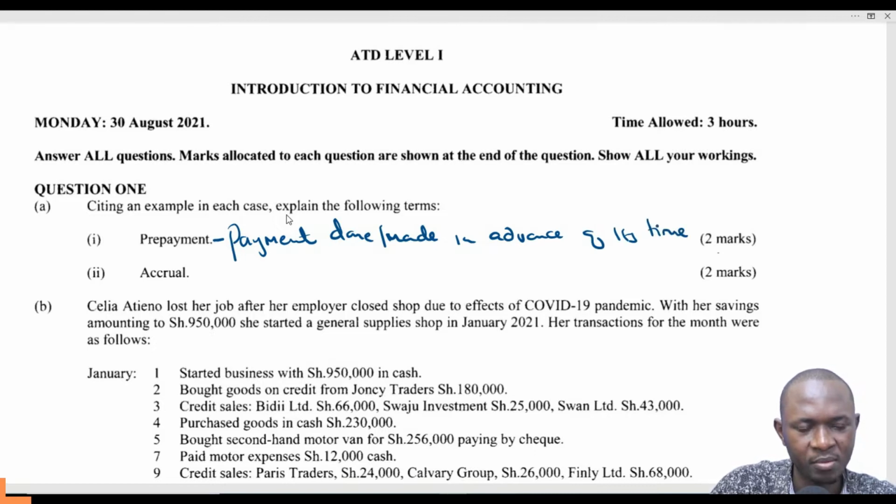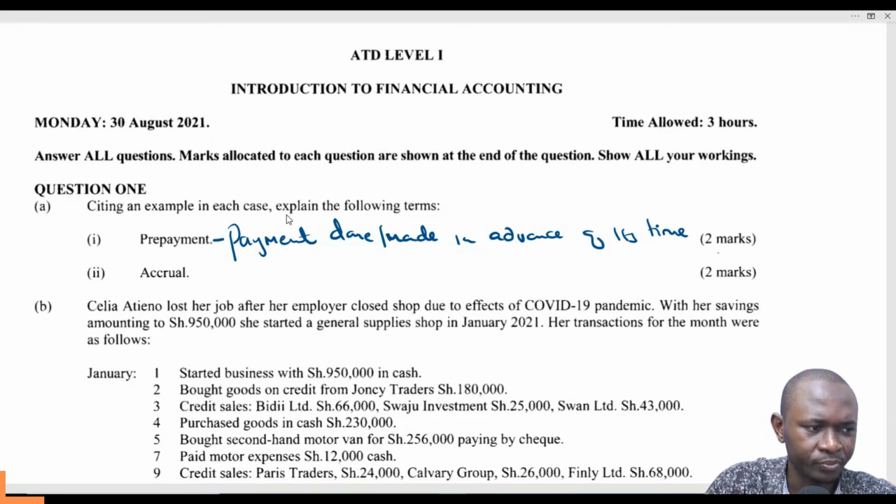So you pay before the due date. Before we get to the period that you are paying for, then we say that you have paid in advance, and we call that a prepayment.